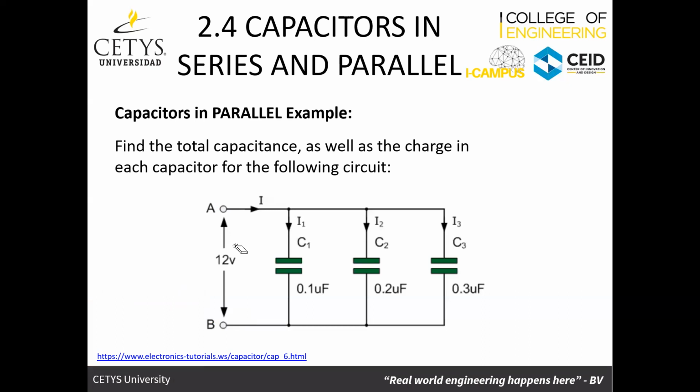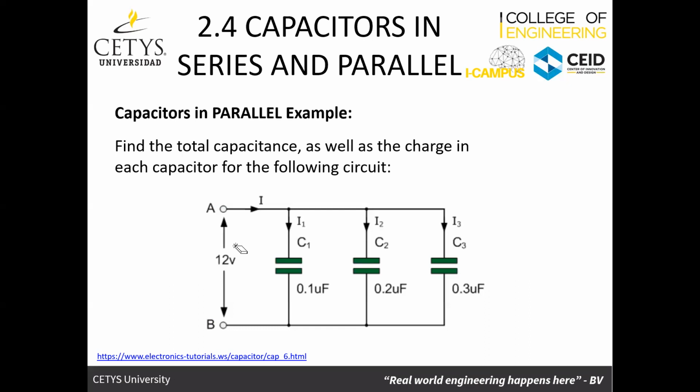What do we want to find? We want to find the total capacitance charge and the total capacitance of the circuit, or equivalent capacitance. I think the more correct term is equivalent. Total is fine, but equivalent is more descriptive.